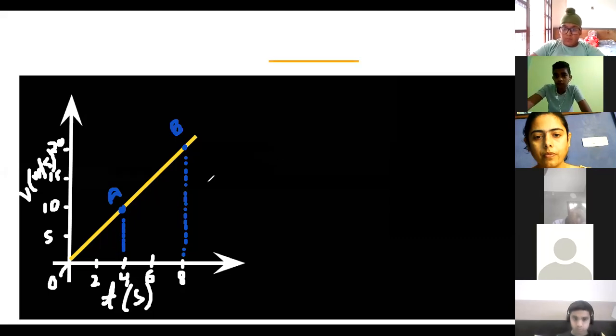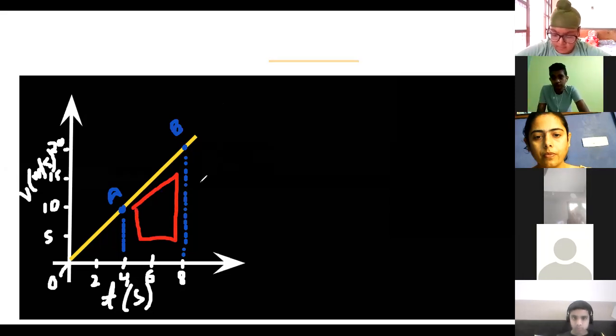So draw the straight lines from A and B onto the time axis. Whatever kind of figure you are having, find its area. So here you will be getting a kind of trapezium. Find the area of this trapezium. That is the displacement.